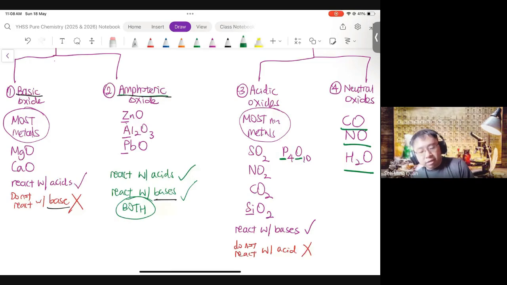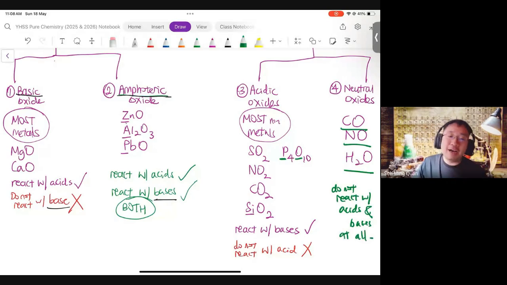If they are neutral, it means they do not react with acid and bases at all. There's no reaction. All right. That's why it's called neutral. All right. So these are the 4 types of oxides: basic, amphoteric, acidic, and neutral. Again, these are all in the notes. All right. They are all in the notes, including this flowchart.